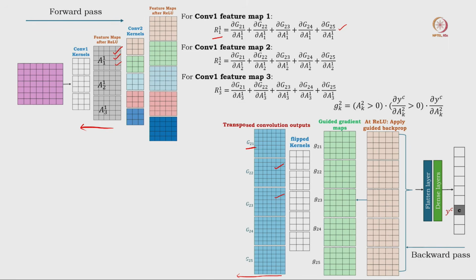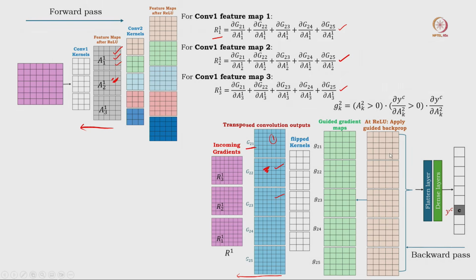Then you take this particular gradient and compute the gradient with respect to this. You will take these values and compute the gradient with respect to this. So, look into this formula. Finally, we are obtaining these incoming gradients. So, what did we do? It is a very simple concept.